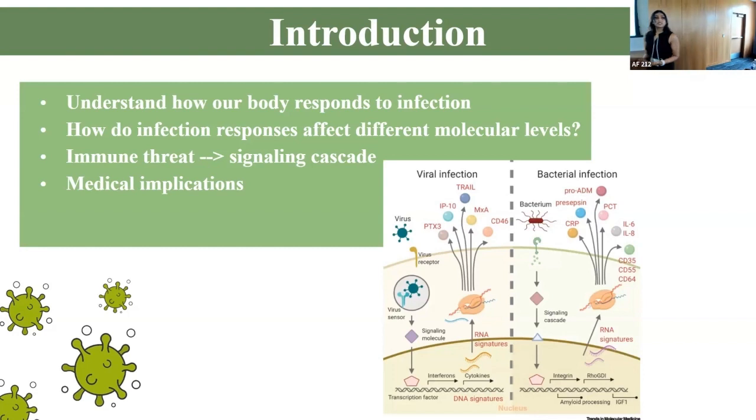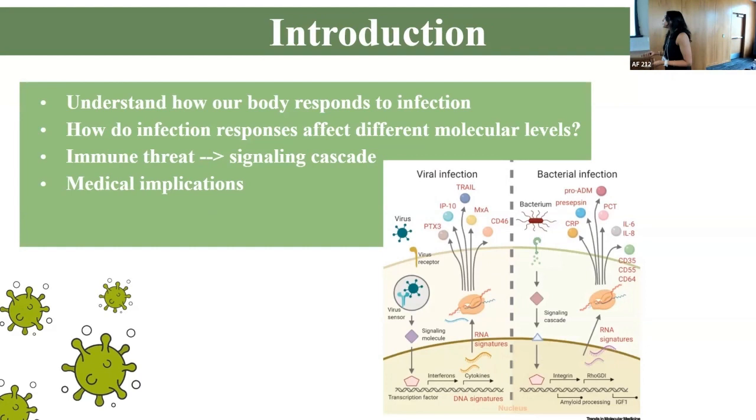Our immune system is what provides us this protection. Depending on the type of pathogen we are exposed to, the immune system will elicit different signaling cascades and different responses in order to best tackle the specific pathogen.